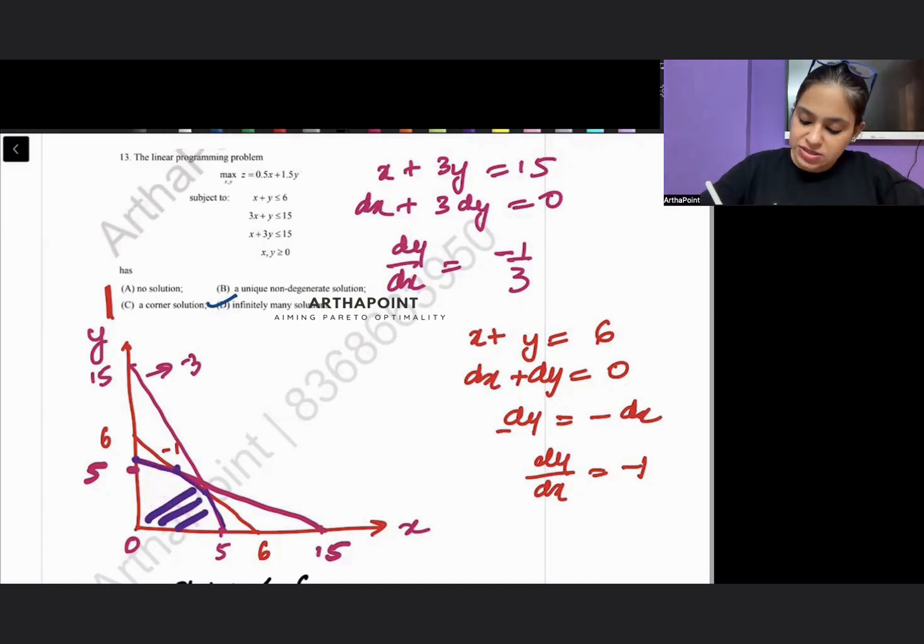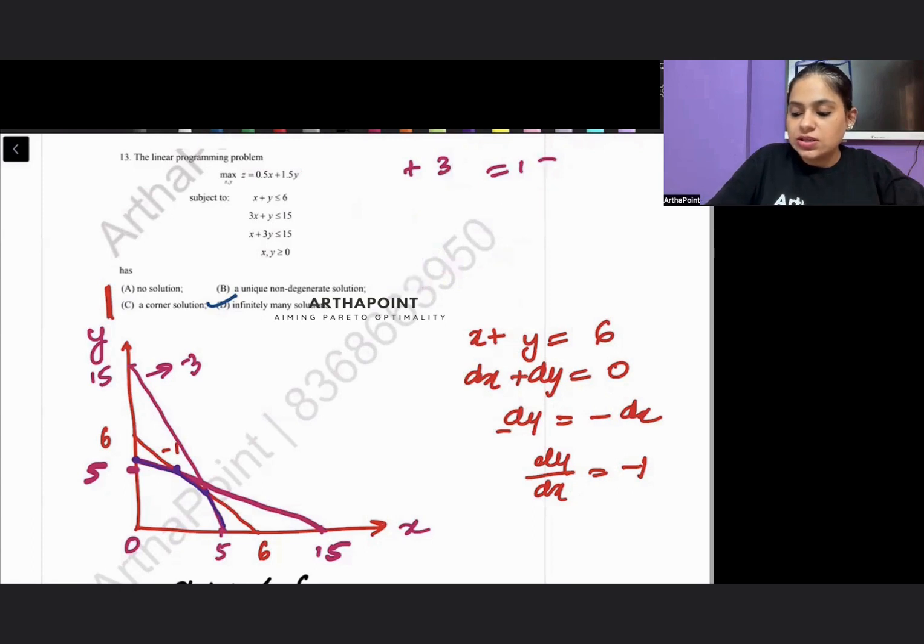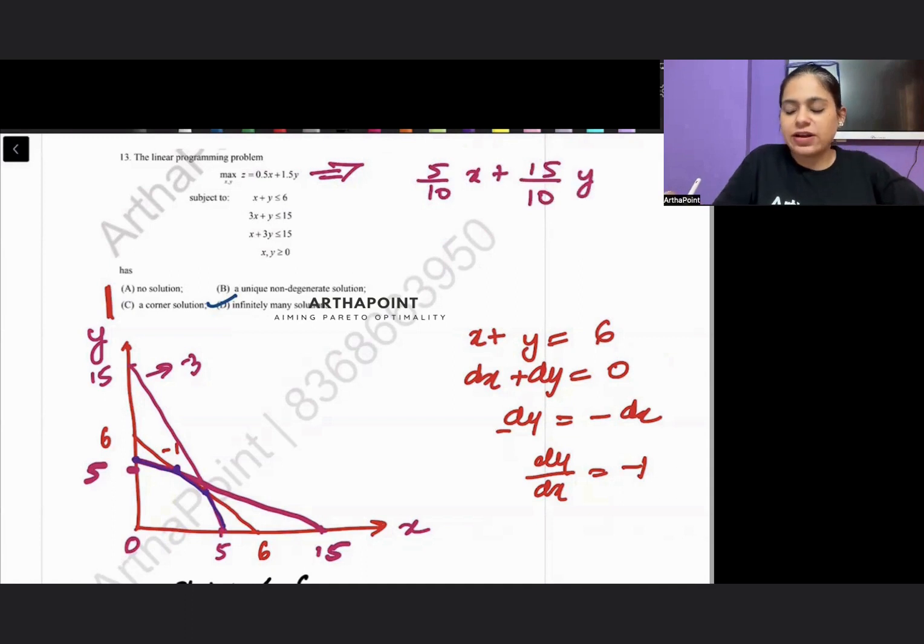Now, what happens in this case is, let's take some value of the function that I want to maximize, right? The function that I have in hand here is 0.5x, that means 5 by 10x plus 15 by 10y, right? Now let's take some random value of this function.